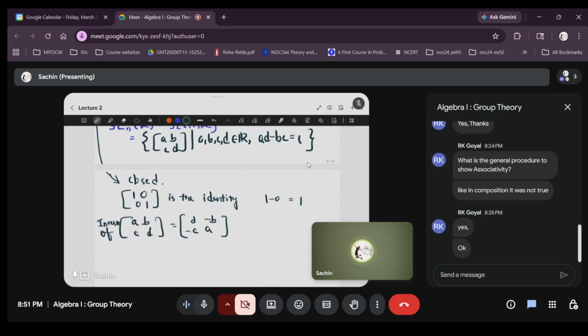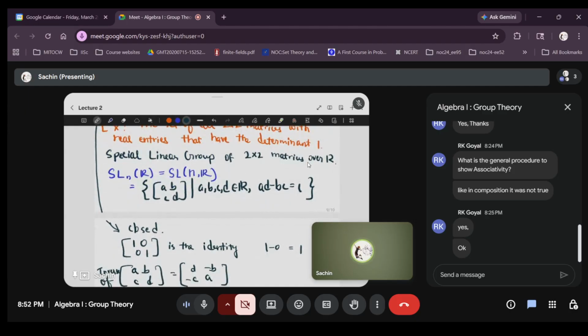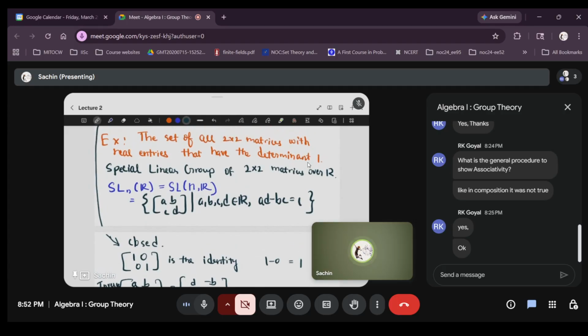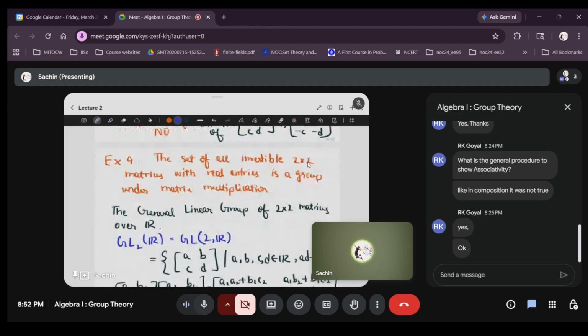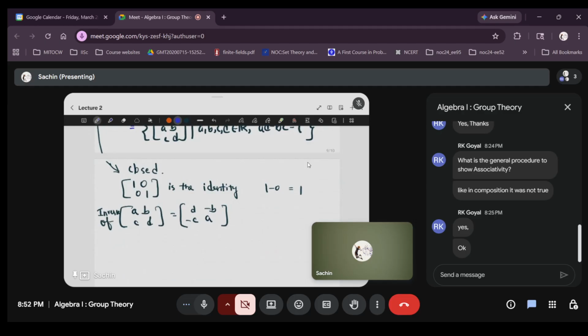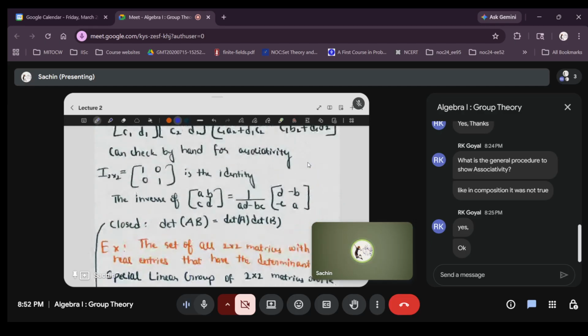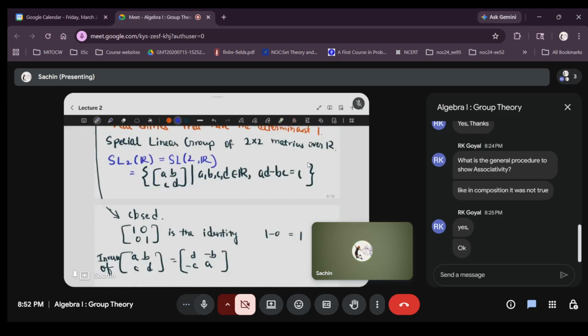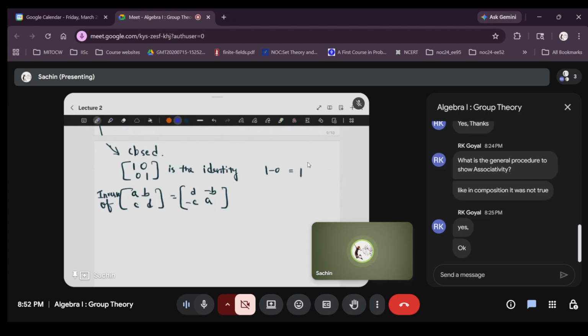So this is another important group called the special linear group. Okay, this was actually for 2, so SL2 of R, or SL of 2 comma R. Here, just to show that the inverses exist, we started with the example of 2 by 2 matrices, but from linear algebra, we know that using those properties, you can extend this to the set of n by n square matrices.